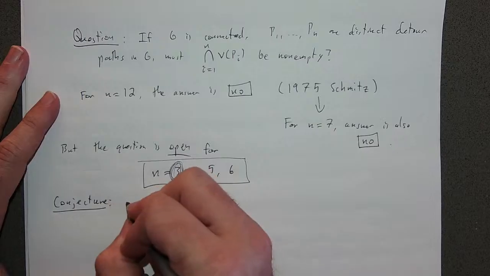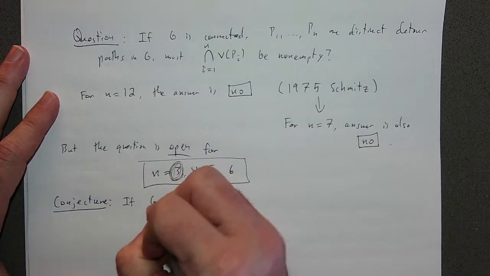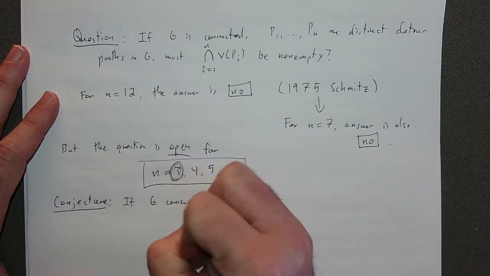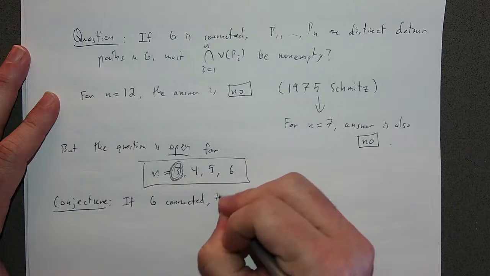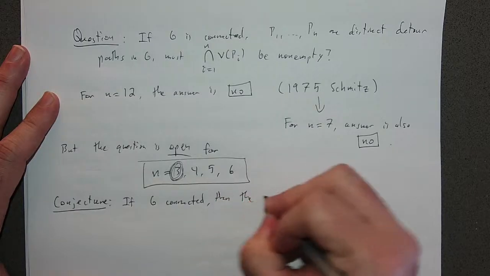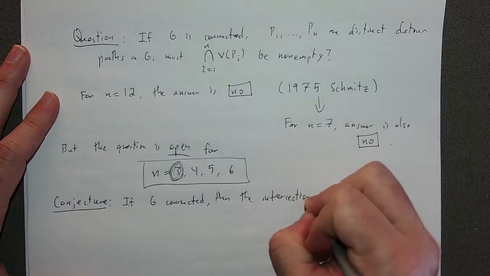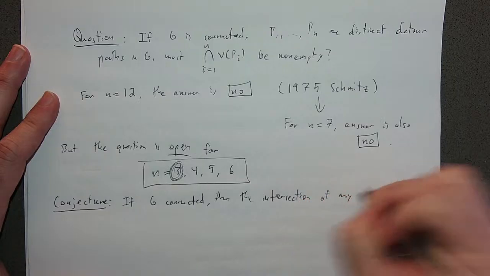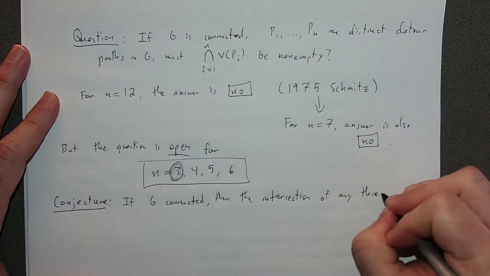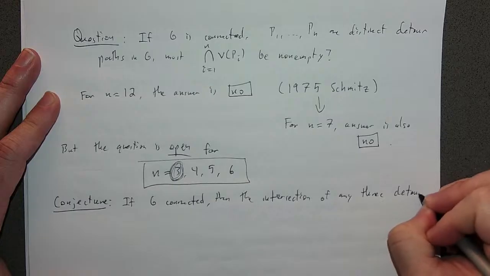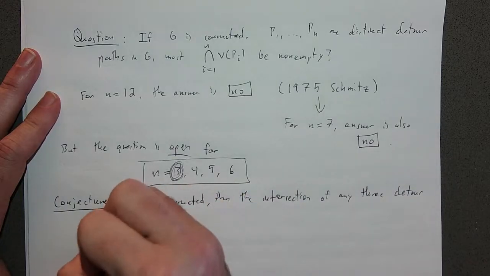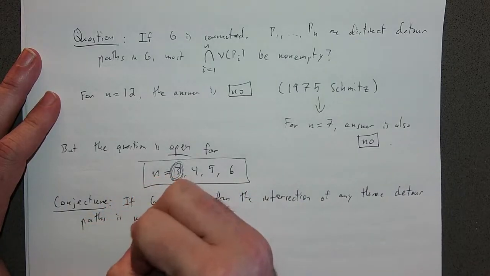So there's our conjecture. If G is connected, then the intersection of any three detour paths is not empty.